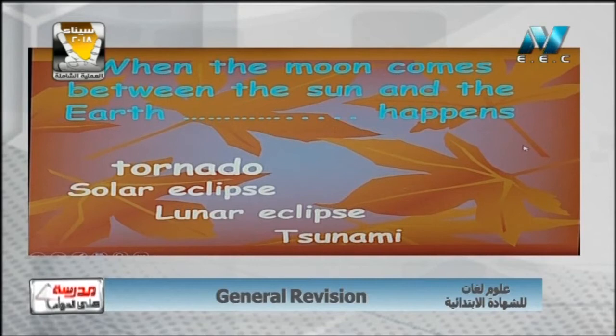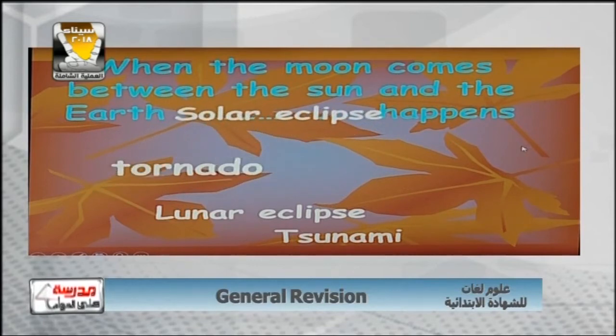So the moon comes between, so here we have solar eclipse because the moon blocks part of the sunlight, as we have total solar eclipse or partial solar eclipse from the types of solar eclipse. So here we have solar eclipse.